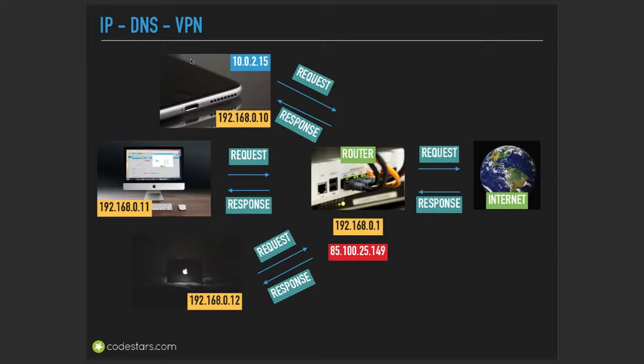So this device has some local IP like 192.168.0.10, and this IP is assigned to that device by the router. As you can see, every device has its own local IP. And the router has its own local IP like 192.168.0.1.